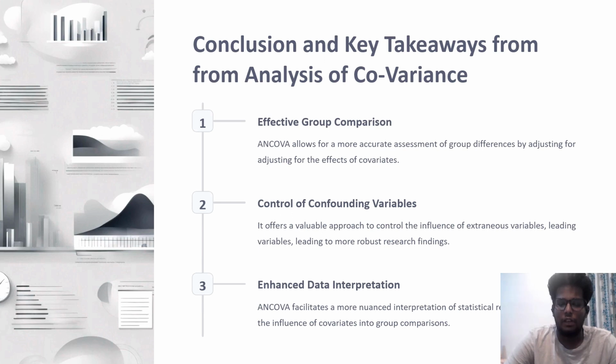It offers a valuable approach to control the influence of extraneous variables, leading to more robust research findings. And the third one is enhanced data interpretation. ANCOVA facilitates a more nuanced interpretation of the statistical findings and the influence of the covariates on the group comparison. So that is the conclusion and key takeaways from analysis of covariance.